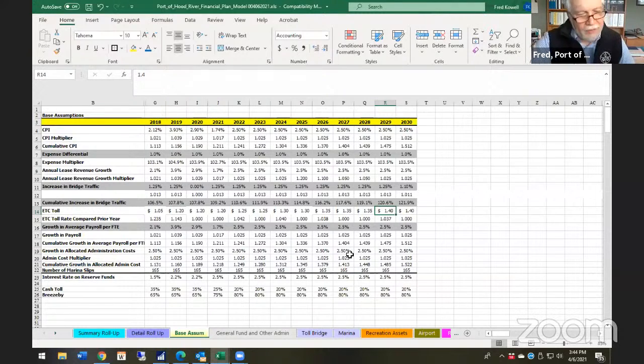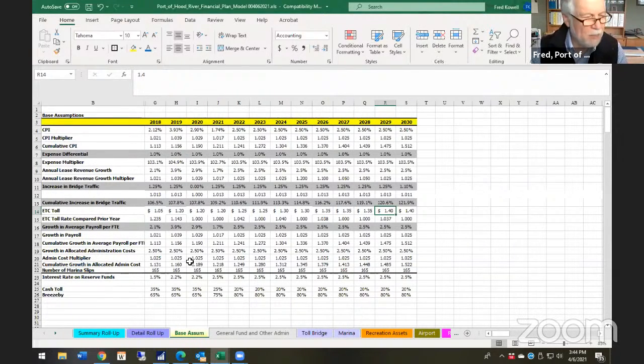This page does link to our bridge sheet and everything that relates to here. So I just want to talk about that. And then the rest of this base assumption page talks about our administrative cost multipliers.